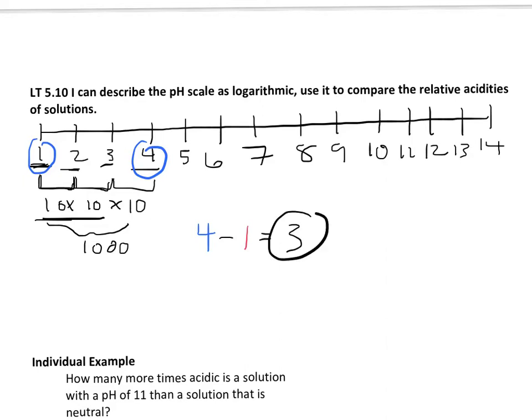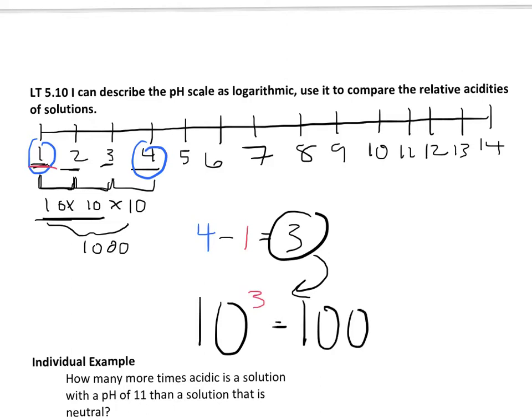And because every single 1 on the pH scale, that difference, represents the power of 10, we're going to take 10 and put that difference as the exponent right there. So if something has a pH of 4 and a pH of 1, the substance with a pH of 1 is 10 to the third times more acidic than the substance with a pH of 4. And 10 to the third is simply 1,000.